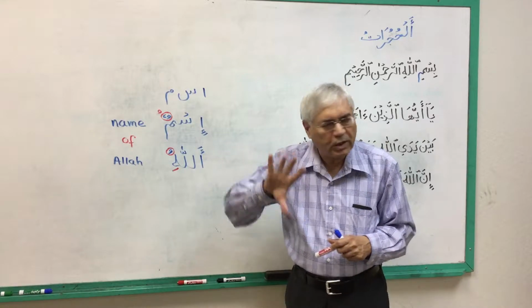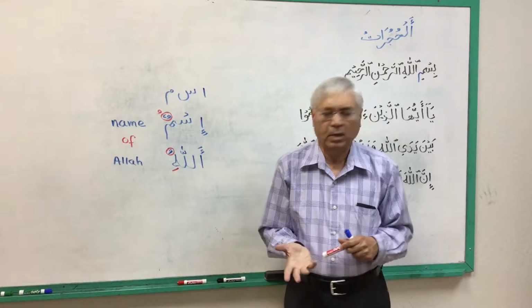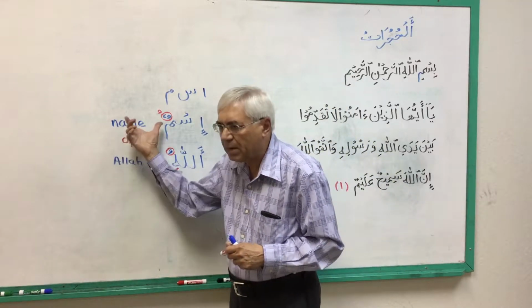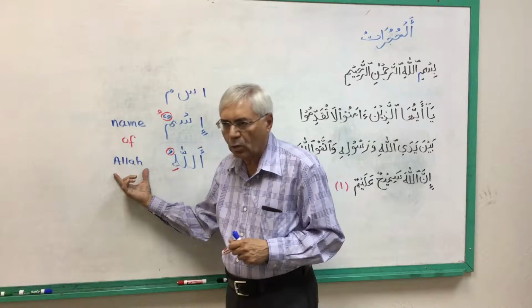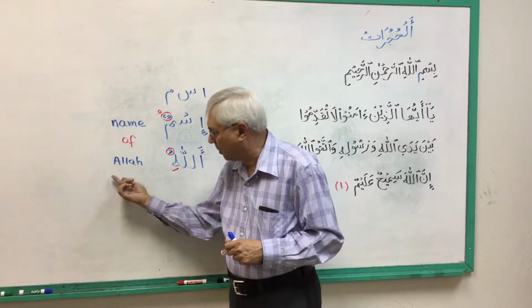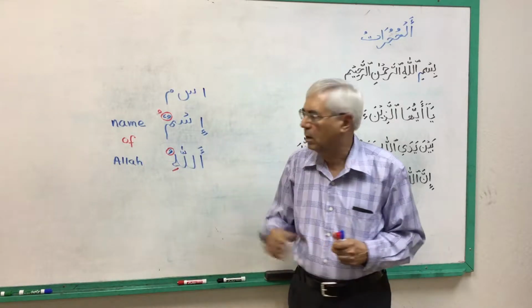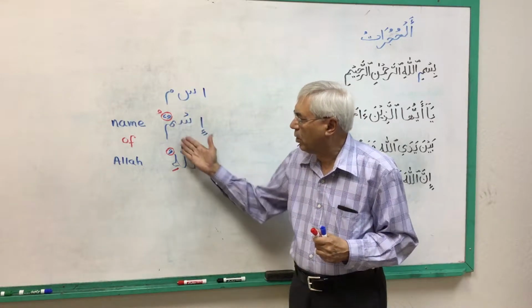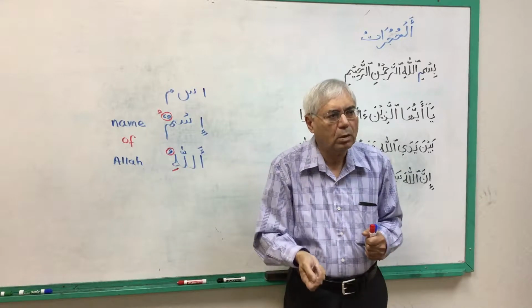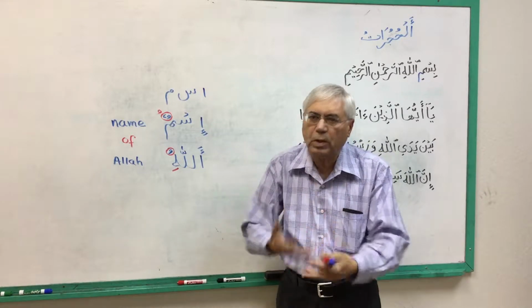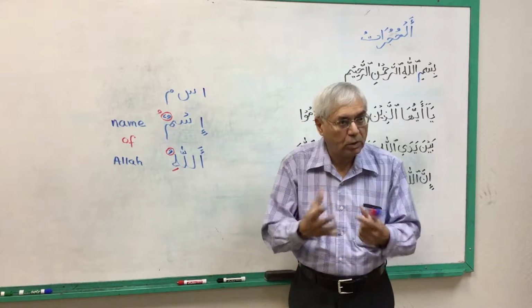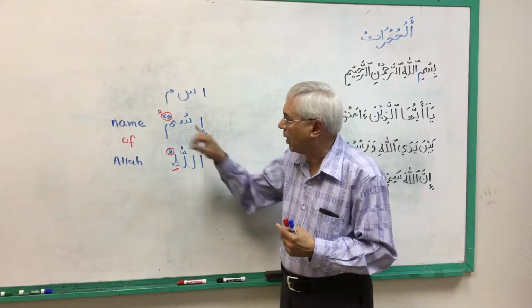So we actually changed the words themselves. In English, we did not change the words. The name remained the same, and the word Allah remained Allah in spelling. We added a new word in between. In Arabic, we don't add any additional word, but we actually change both words themselves. And this is the formula.